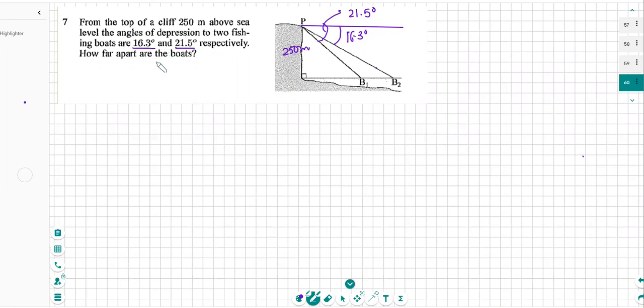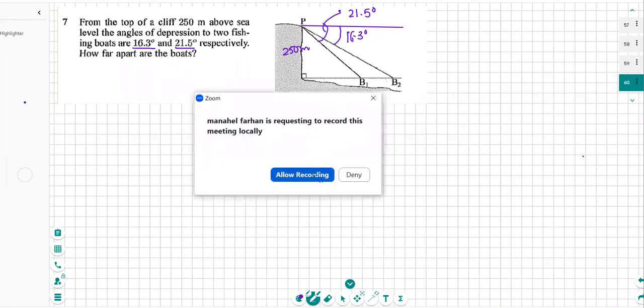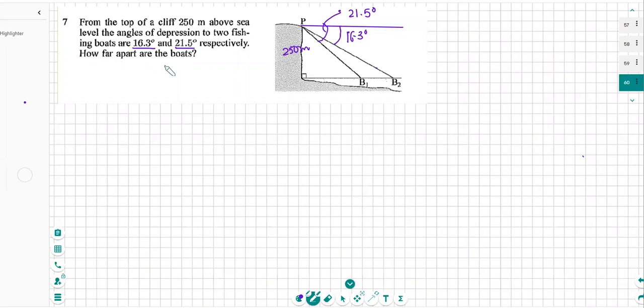So how far apart are the boats? So we need this distance, B1 to B2.